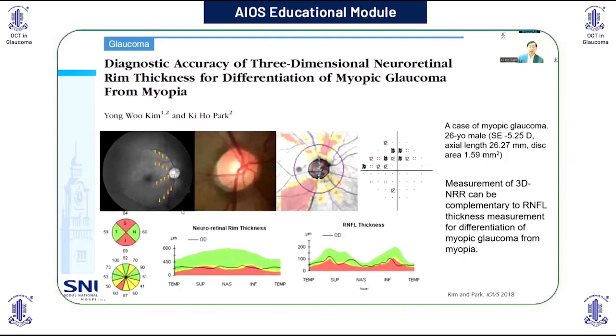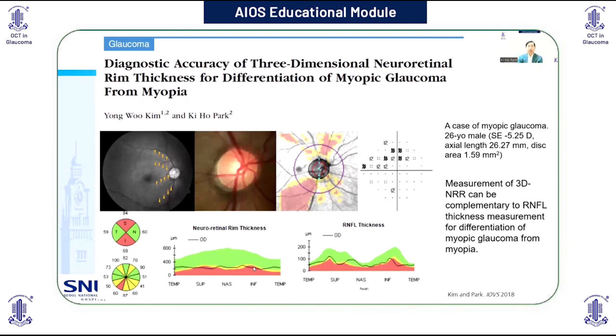And this is a case showing there is a red disease, and the normative database does not clearly differentiate the glaucoma case, but you can see neuroretinal rim thickness could detect abnormality in the superior and inferior area.